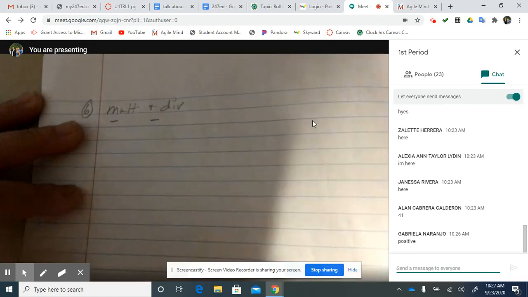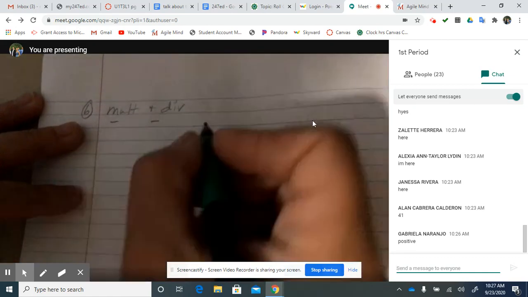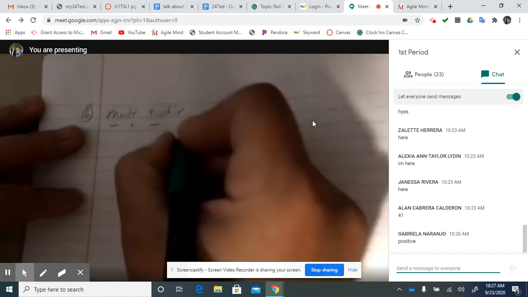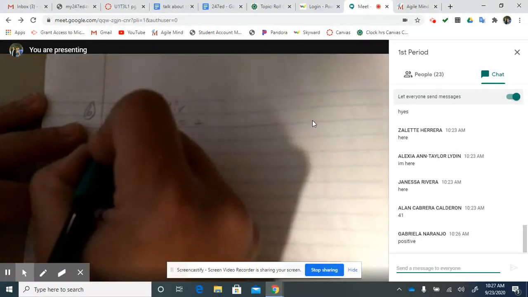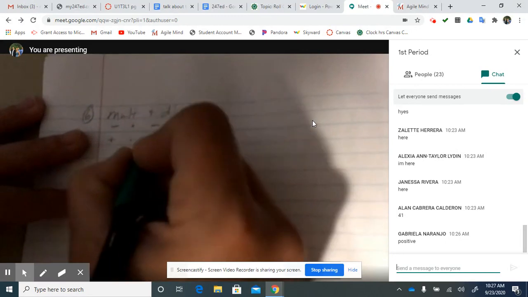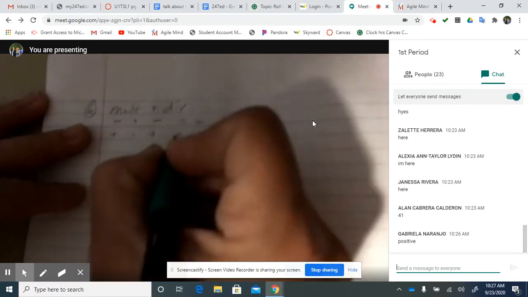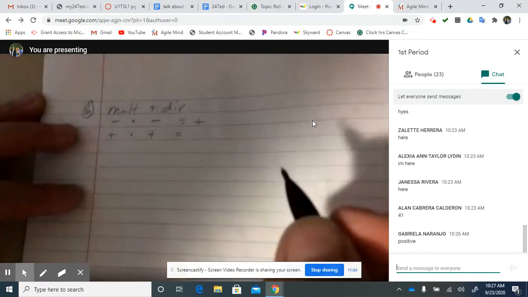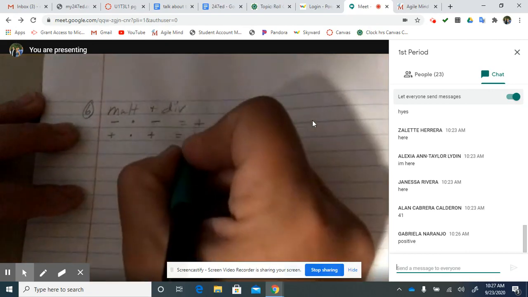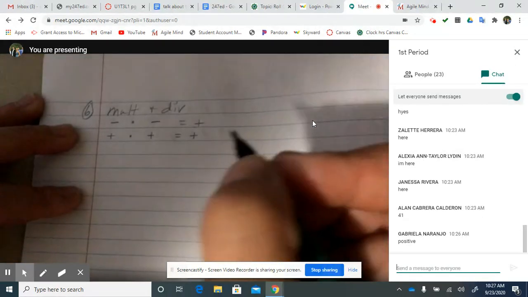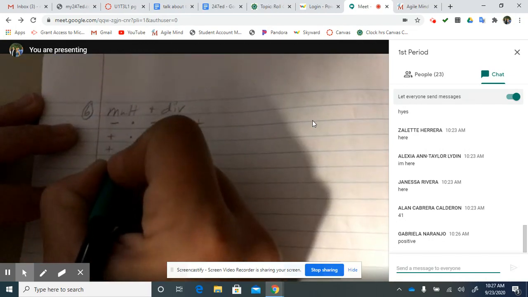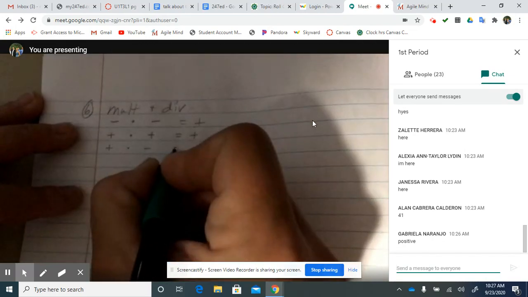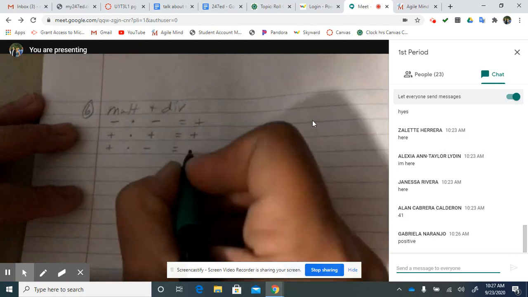When you have a negative times a negative, it's going to equal a positive. What about if you have a positive number times a positive number? What do you get? Positive. Mm-hmm. And then how about if it's positive times negative? Yep.